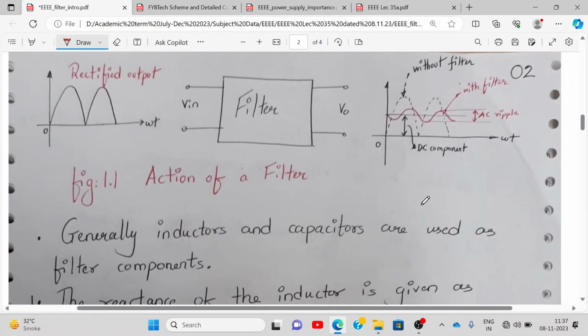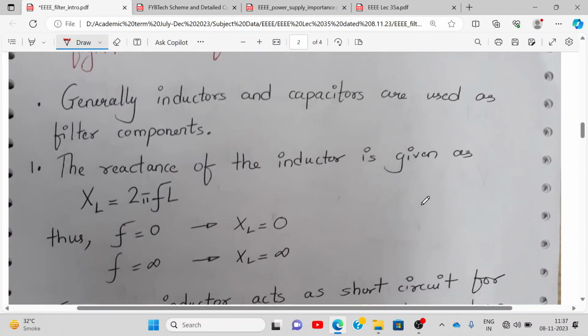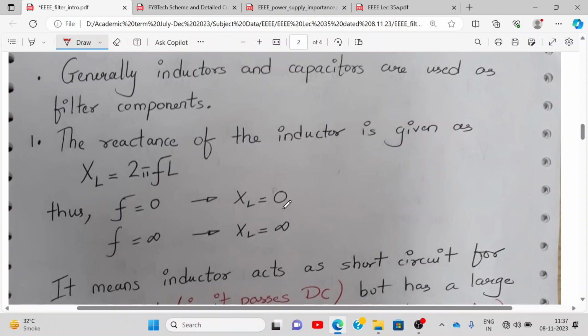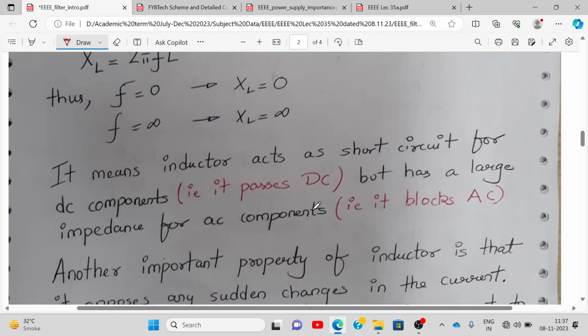Generally, what is the reactance offered by the inductor? XL equals 2 pi FL. At frequency equal to 0, the reactance is 0, and at infinite frequency it is infinite. So it means the inductor acts as a short circuit for the DC component. It passes DC whereas it blocks the AC component, a very important property of an inductor.